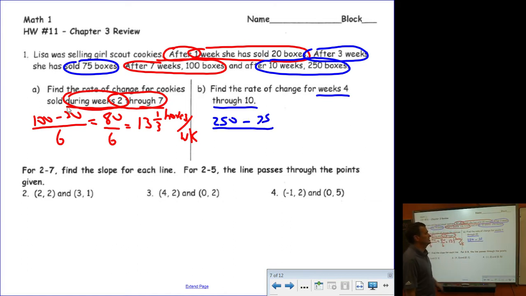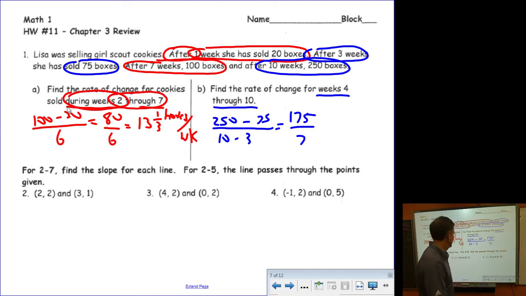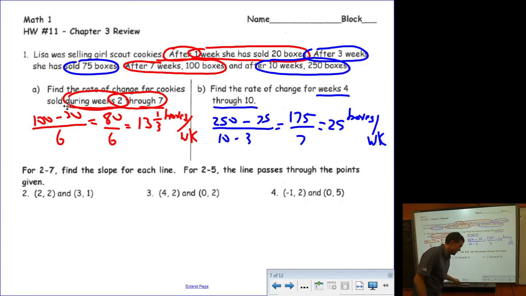And weeks 4 through 10 would actually be, right, weeks 4, 5, 6, 7, 8, 9, 10, 7 weeks. Technically, you'd be doing 10 minus 3. And you'd get 7 weeks and 175, is that right? 175 divided by 7. That equals 25, and you've got to have the units, boxes per week. All right, a little bit controversial, I feel like, but that's how I went with them.